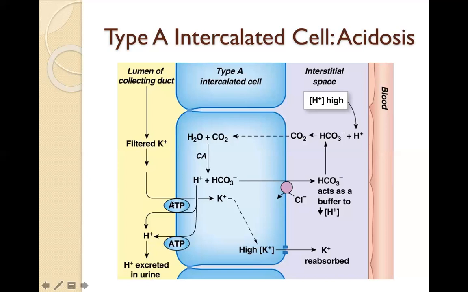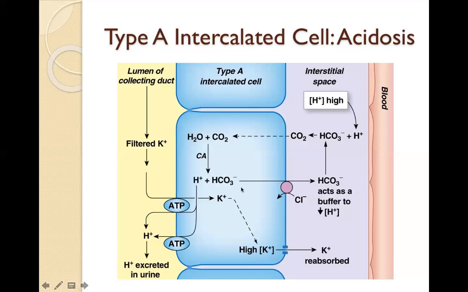And there's two pumps that do this. There is a proton pump, which is just pumping protons out. And there is a proton potassium exchanging pump, where there is a proton that is being pumped out and a potassium ion that is being pumped in.